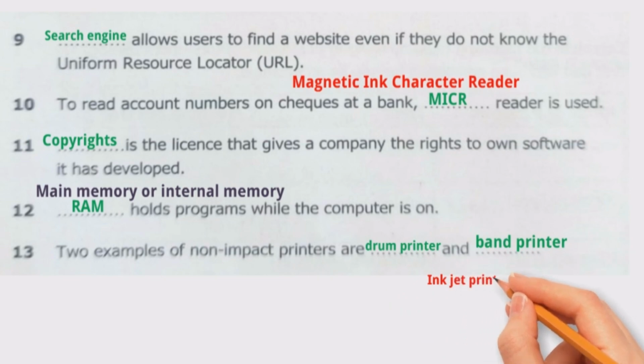I'm giving you the third one because there are many, so that if you forget one between the two, you may be lucky to remember the third one. So one is drum printer and band printer, and the third option is inkjet printer. These three are examples of non-impact printers.